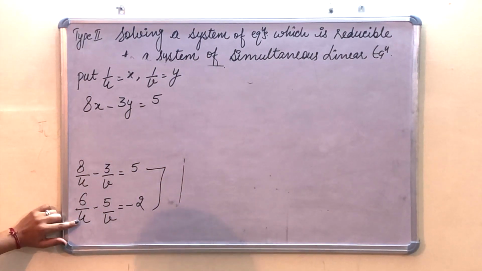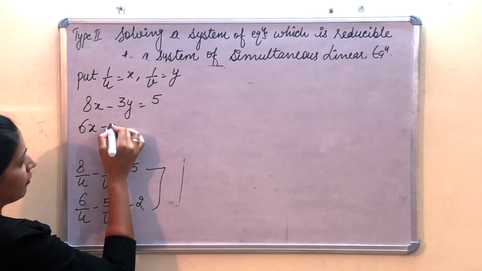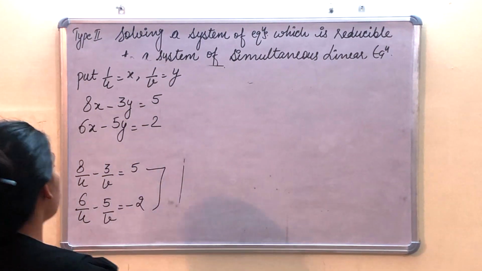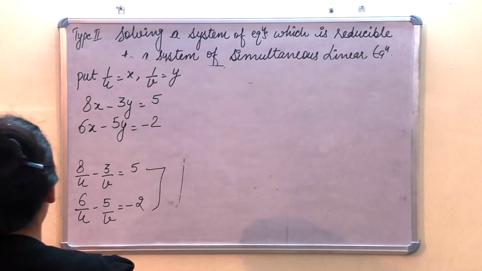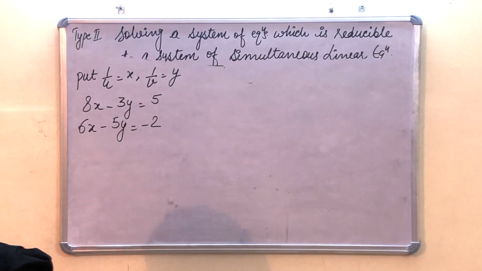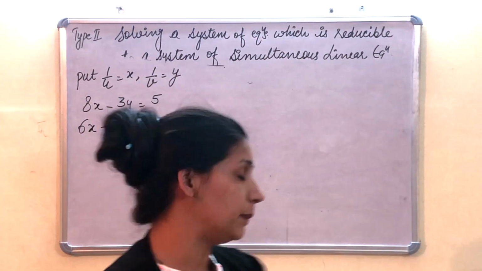Second, 6 by u is 6x minus 5y is equal to minus 2. These are our two equations. So we solve these equations by any method: elimination, substitution or cross multiplication.